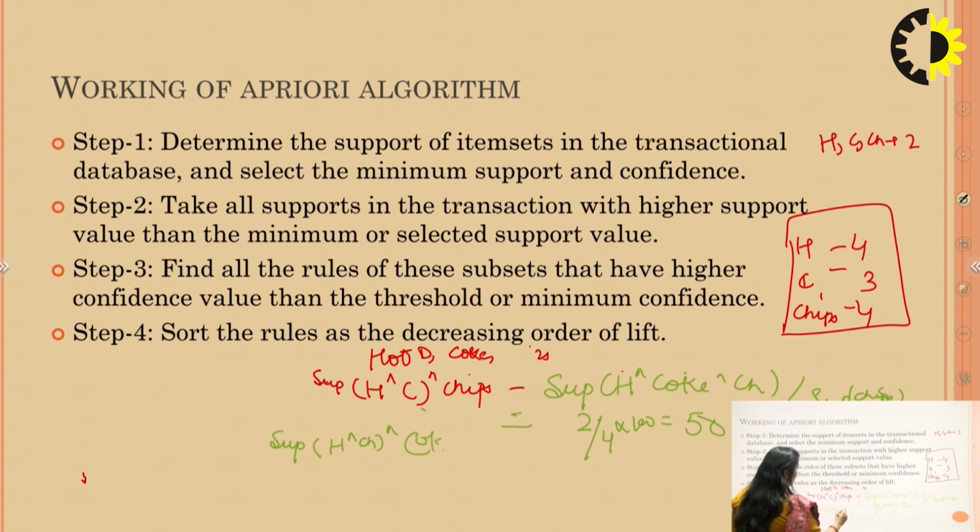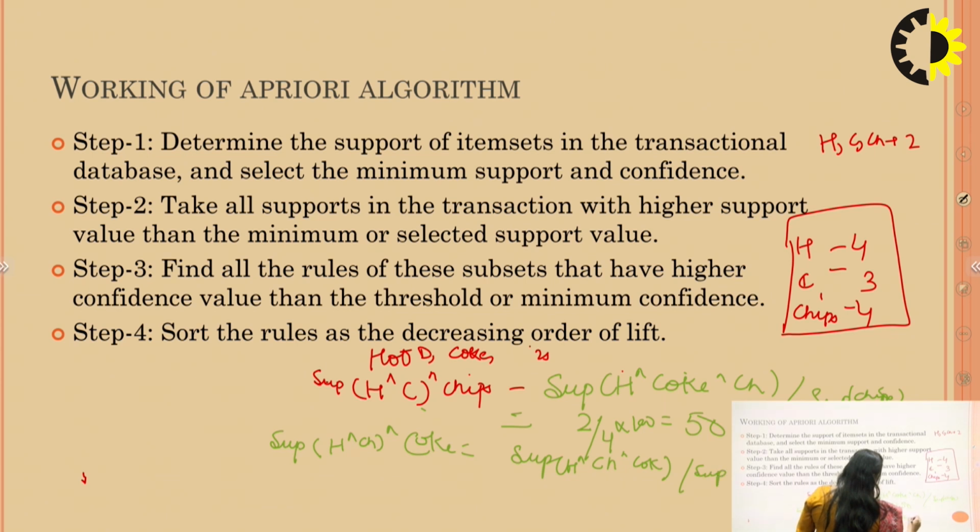Then again we will write support of hot dog and chips upon support of Coke. This comes out to be 4 upon 3 multiplied by 100, which is approximately 33.3%. In the same way, we will calculate for the other values also.